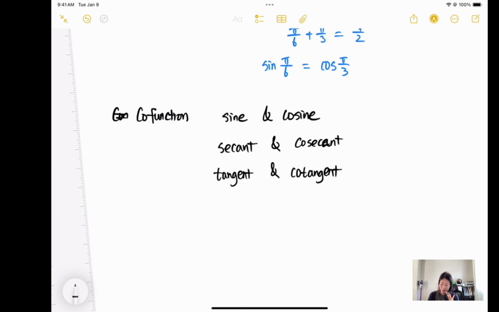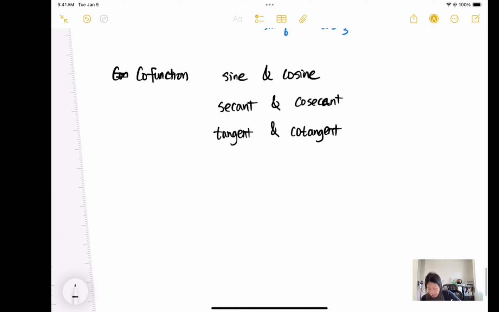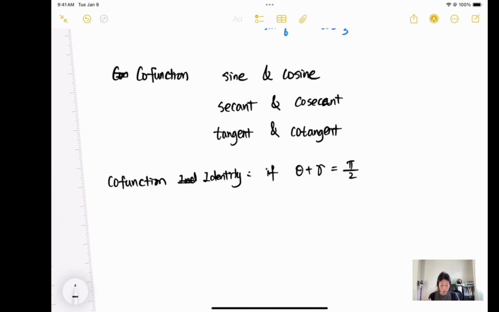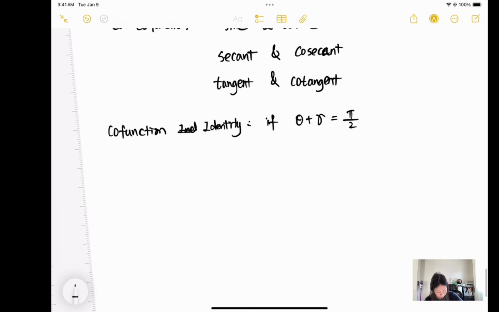So let's summarize it. Our cofunction identities: if alpha plus gamma is equal to pi over 2, these two angles sum to pi over 2. Let me write it in here.